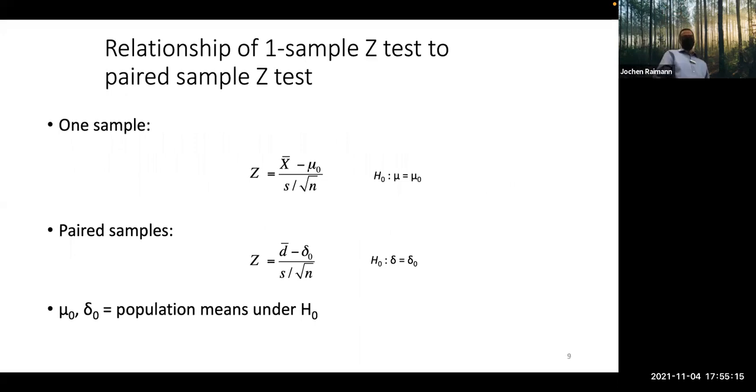Okay. The relationship between the one sample z-test and the paired sample t-test is that in a one sample test, you have x bar minus mu, divided by the standard error of the mean. For a paired setting, you have a before and after condition. You calculate the difference, and if you compare this difference against 0, you essentially hypothesis test whether this difference significantly differed from 0.